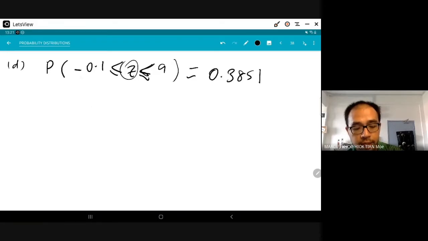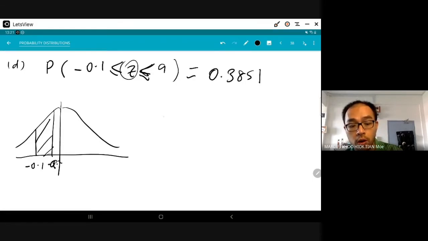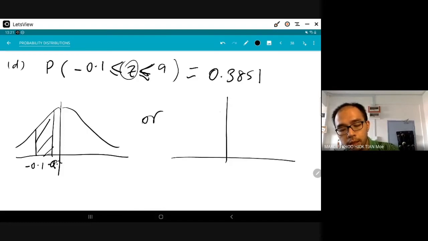Okay, you have Z is negative 0.1, and we don't know whether, sometimes it can be like this, negative 0.1, and then here, negative 0. something. This could be A. This is 0.3851. Or it could be like this.